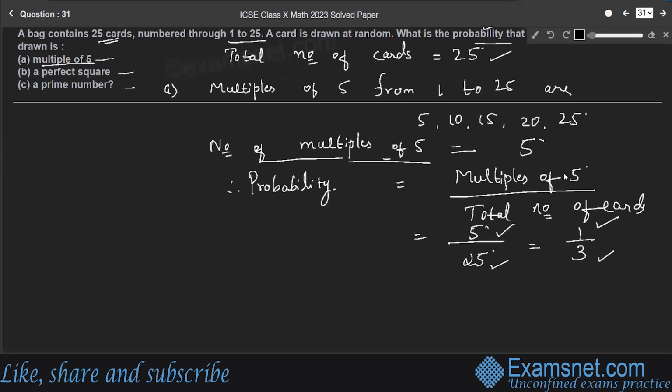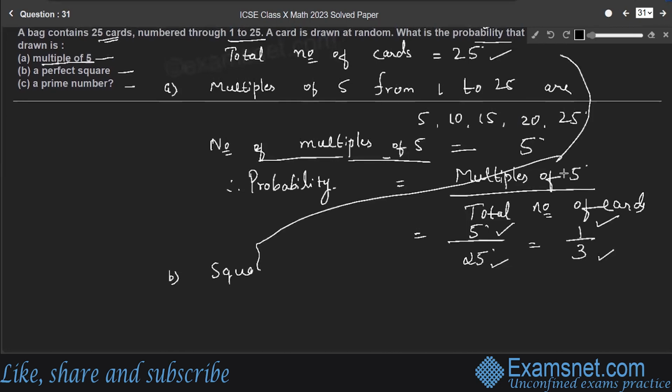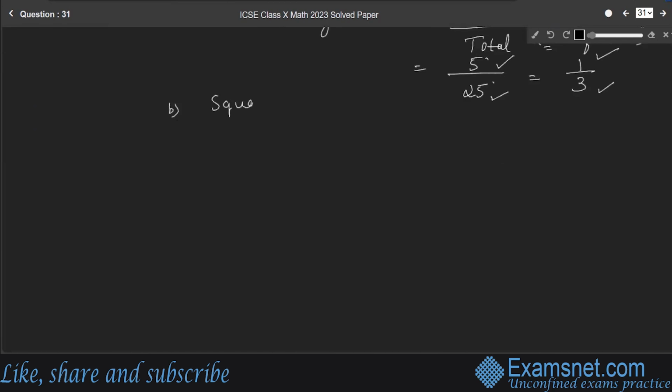Second question: the probability that the number on the card is a perfect square. The square numbers from 1 to 25 are 1, then 4, 3 squared is 9, 4 squared and 5 squared. So there are 5 square numbers.